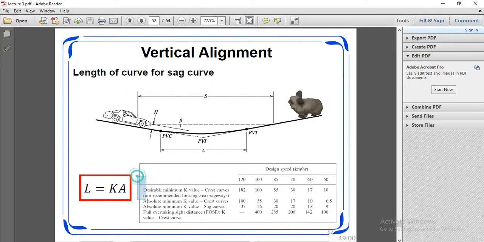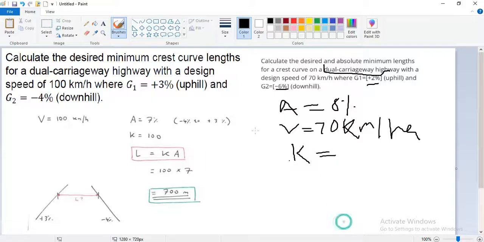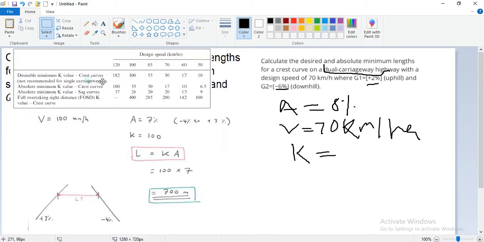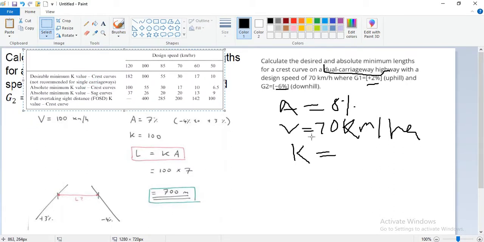In case of a dual carriageway highway, if the speed is 70, here the speed is 70. Not recommended for single carriageway, so the first option is not here. For crest curve, sag curve, the K value for a crest curve is the length for a crest curve.